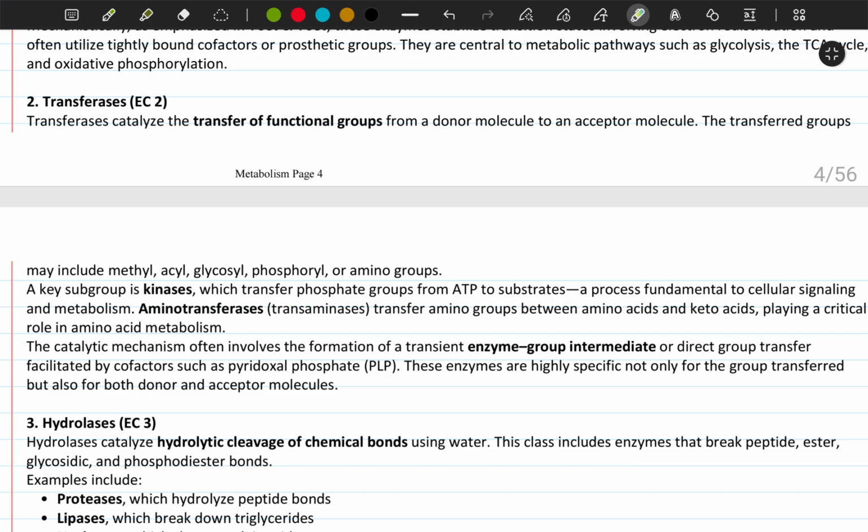These enzymes are highly specific not only for the group transferred but also for both donor and acceptor molecules.